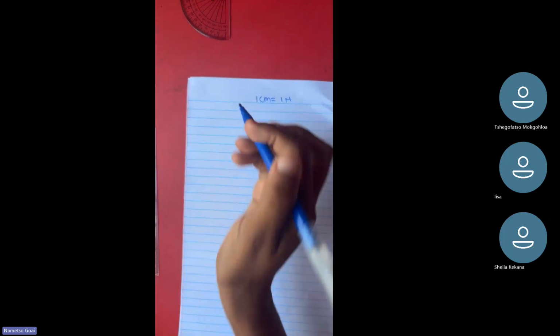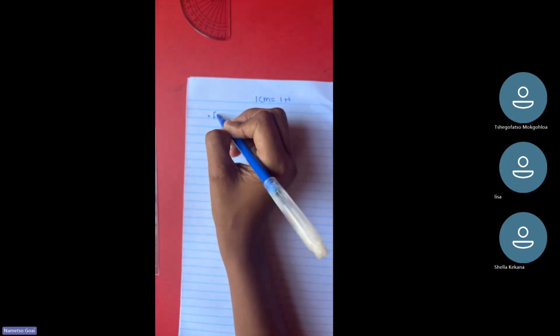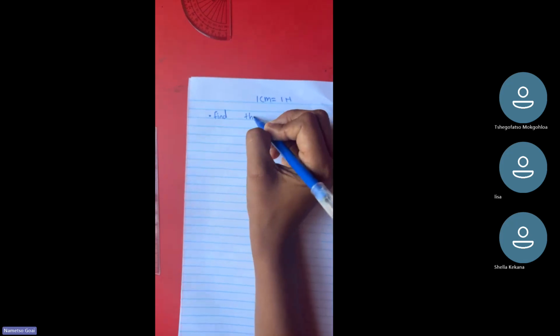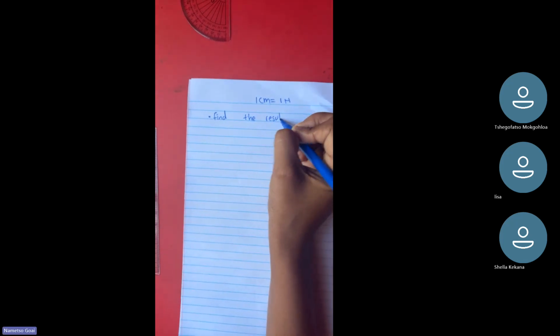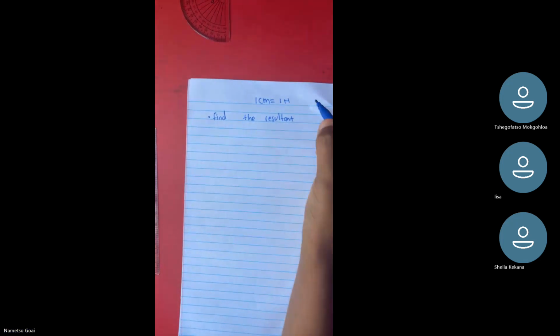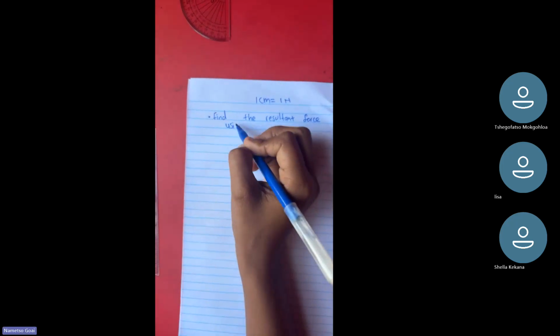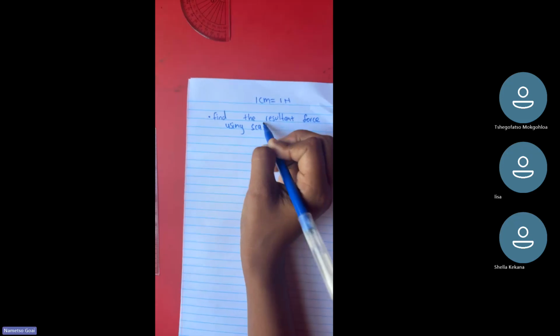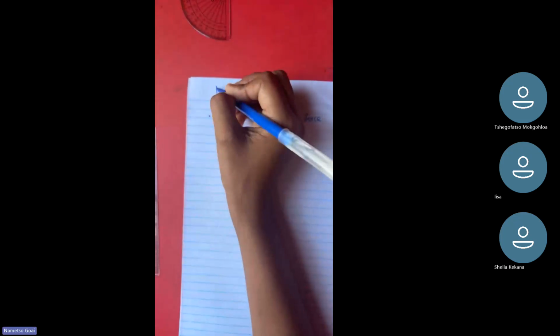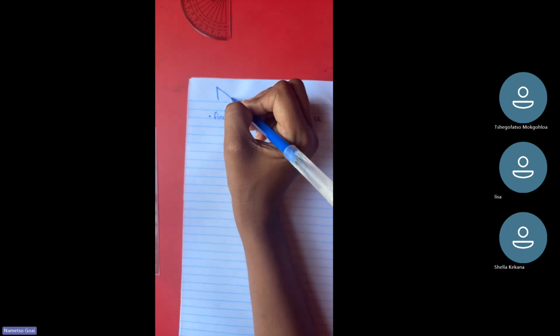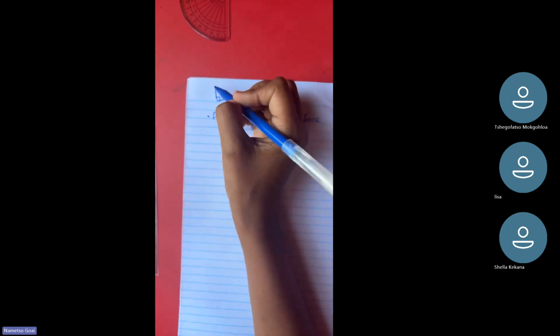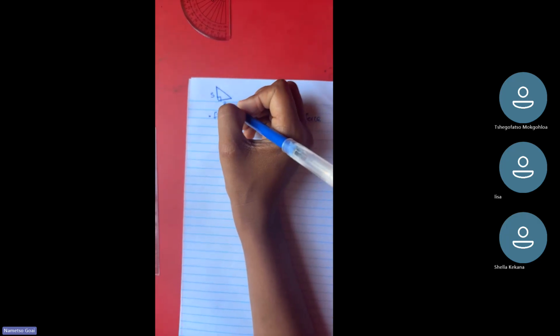So now we have to find the resultant. This is what we're doing: resultant force using scale. Remember last week we learned how to find the resultant force mathematically if we have a right angle triangle, and let's say here we have 5, here we have 2.